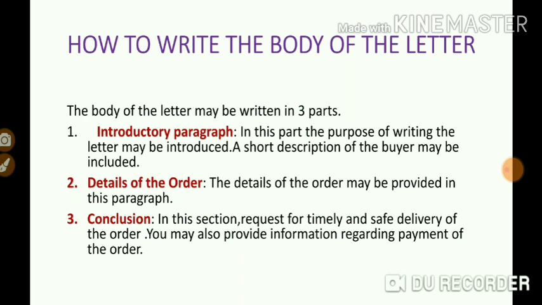And also, if possible, you mention the name of the publication or name of the company whose product you demand. You can also give a remark column where you can mention how many of such material are required. What is your demand? The numbers of the material may be provided there.